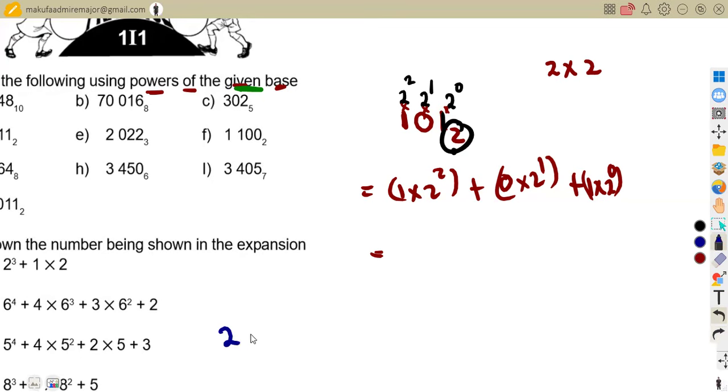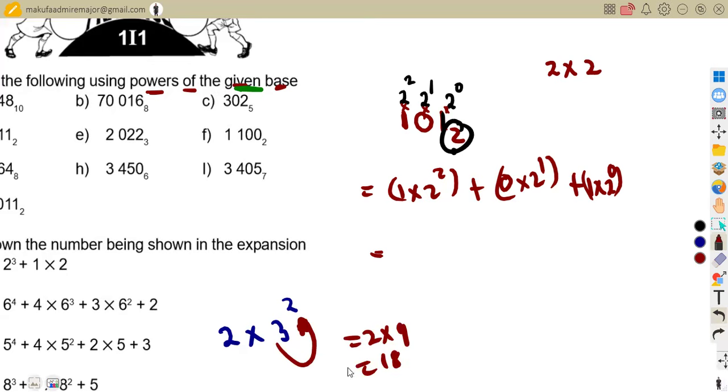Let's say we're given 2 times 3 to the exponent of 2. Never make the mistake of first multiplying these two numbers. First we raise this number to the exponent of 2. 3 to the power of 2 is 3 times 3, which is 9. So this is the same as 2 times 9, which is 18.